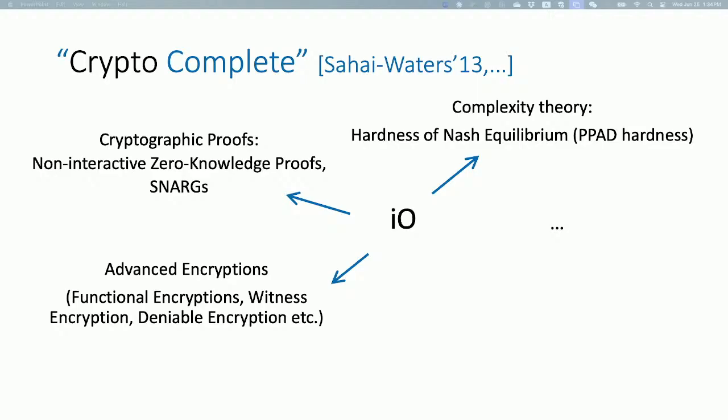And its application even reaches outside of crypto, so it can be used to show the hardness of Nash equilibrium in complexity theory. And it also has many other applications, such as software watermarking, where you can use iO to hide a watermark in the source code of the software.